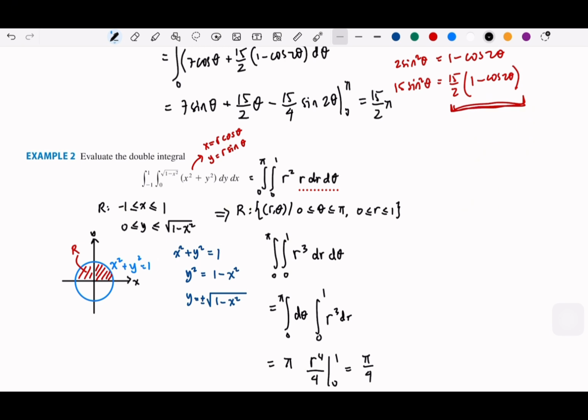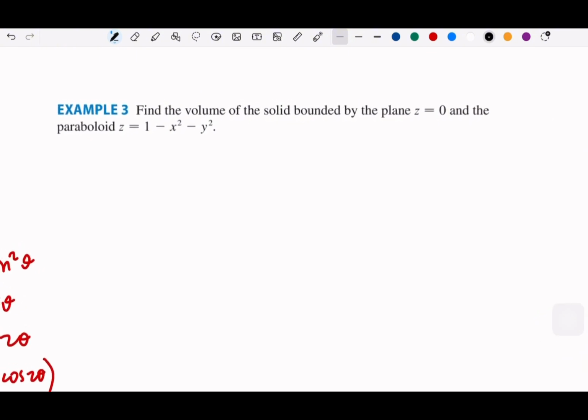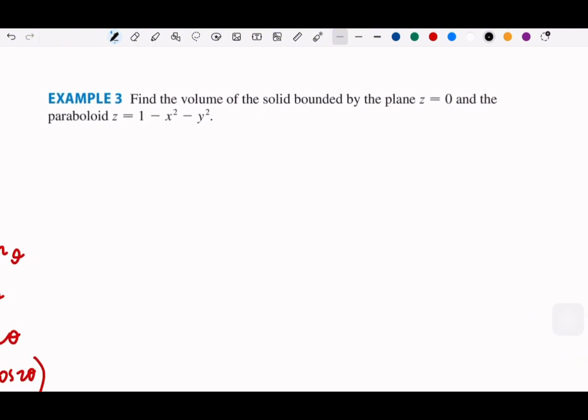Another part of the questions is, if you have this example here, you need to find the volume of the solid that is bounded by the plane z equals 0 and the paraboloid z equals 1 minus x squared minus y squared.